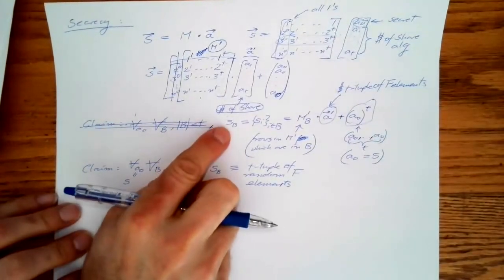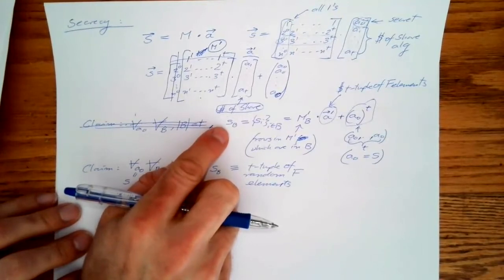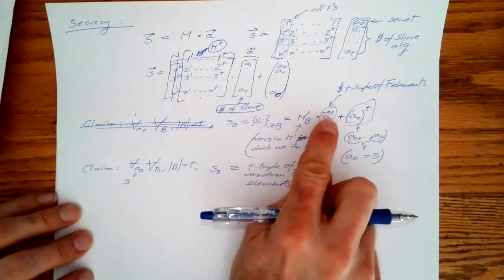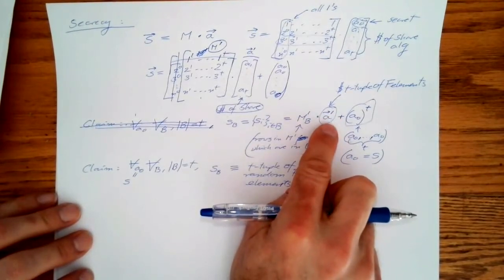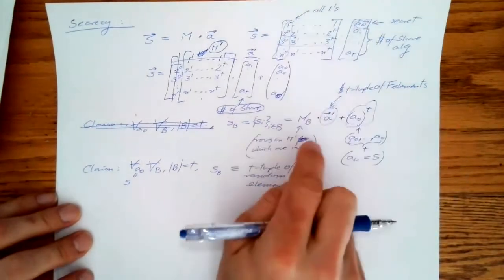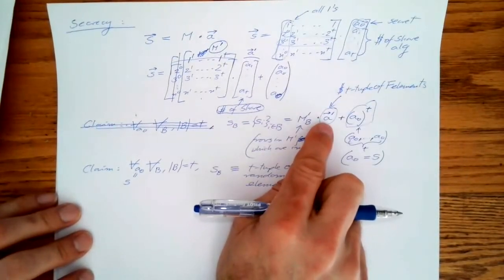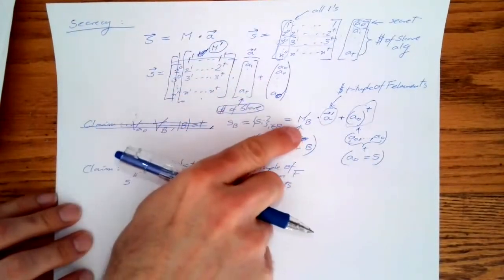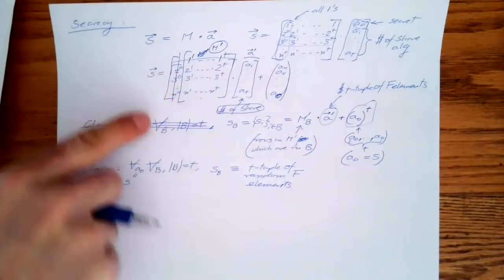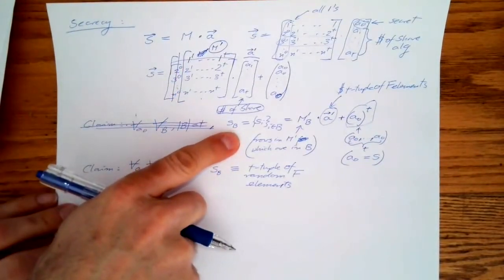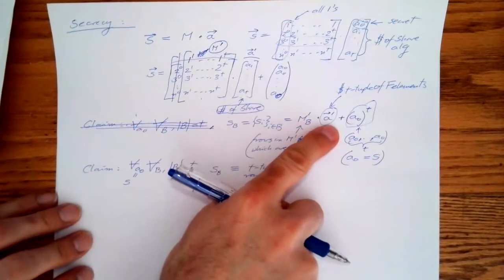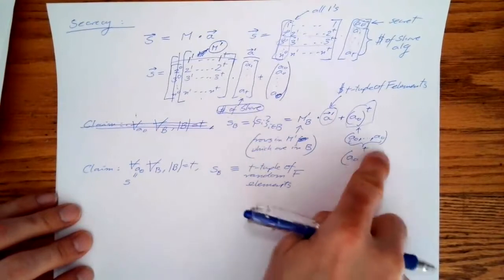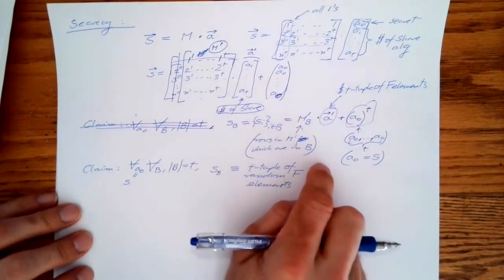So from the point of view of bad players, what happened during the sharing is the dealer picked a random T-tuple of field elements. These are the random coefficients A1 to AT, and used this public matrix M prime reduced to just rows that correspond to players in B, multiplied this random T-tuple and added this vector which just has a secret S everywhere.